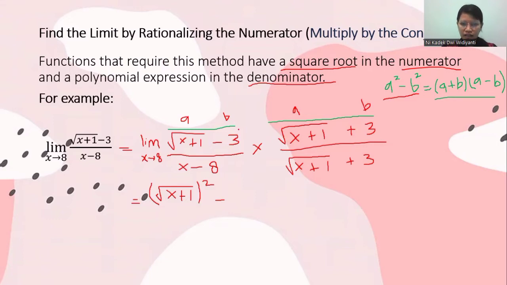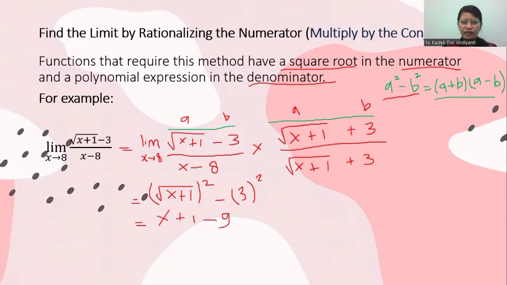B is 3, so b squared is 3 squared. So we will get x plus 1 minus 9.